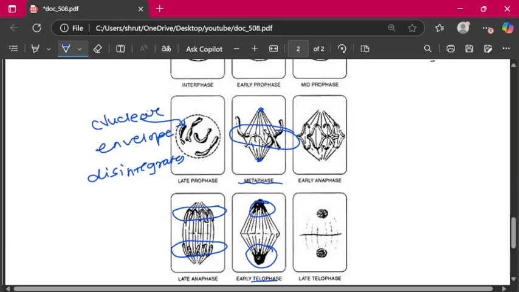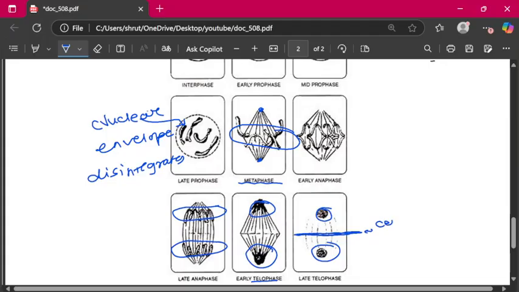And in the late telophase, they form a nuclear envelope around themselves, and there is cytokinesis, that is division of the cytoplasm also. Up to this is the nuclear division, and from here you can see the starting of cytokinesis by forming a cell plate.